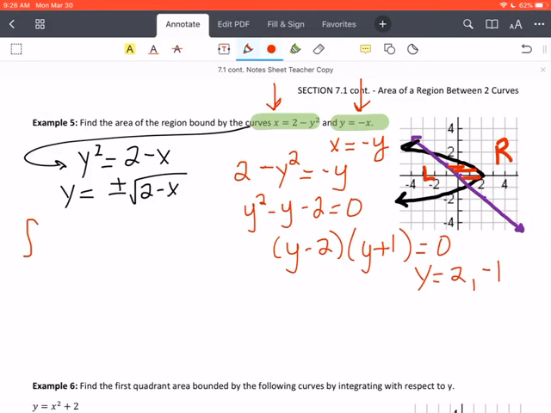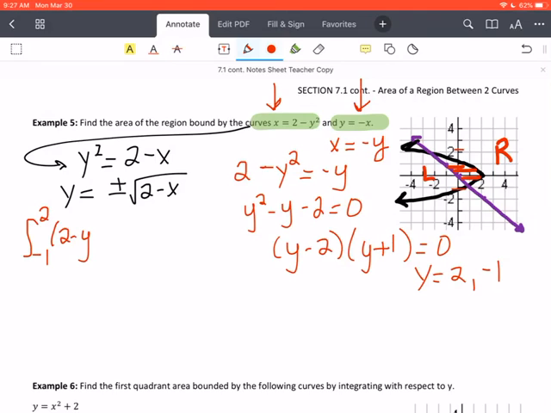And you can check if you look on your graph, -1 and 2 are definitely where those graphs intersect from the perspective of the y-axis. So we have -1 and 2, and then my right function is 2 minus y squared.